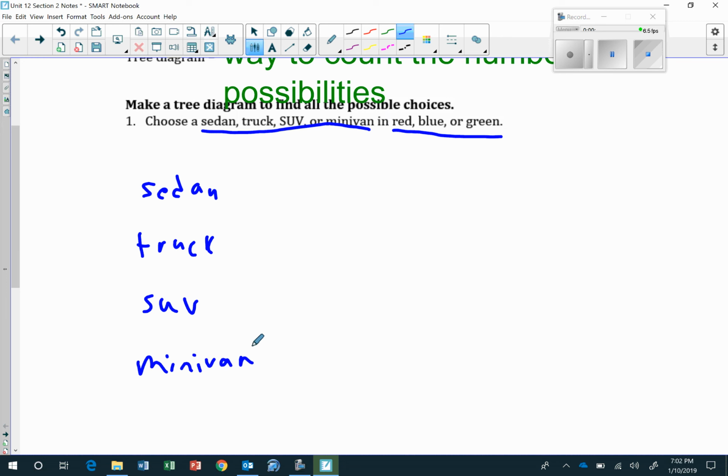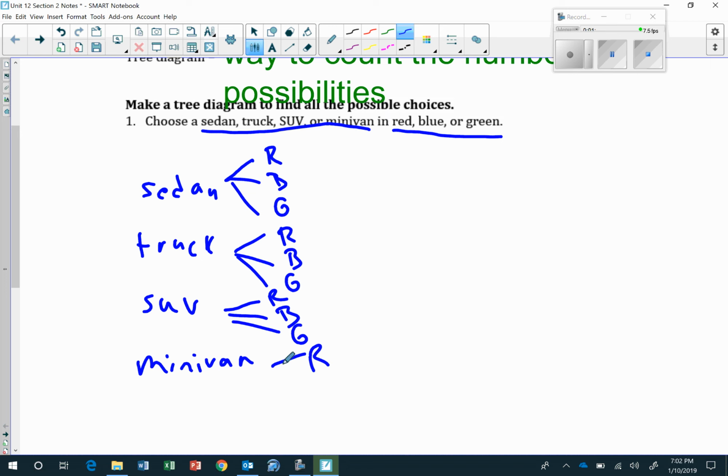Then your tree actually grows left to right, which isn't like a normal tree, but you're going to draw your branches off of that. So if I have a sedan, I could have a red sedan, a blue sedan, or a green sedan. If I have a truck, I could have a red truck, a blue truck, or a green truck. If I have an SUV, red, blue, or green. If I have a minivan, red, blue, or green.